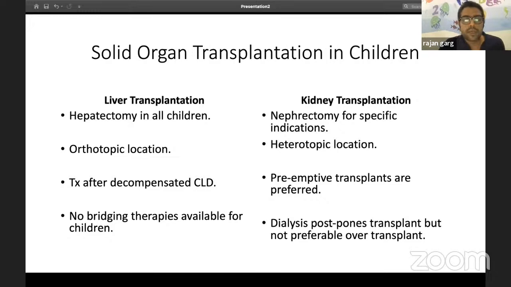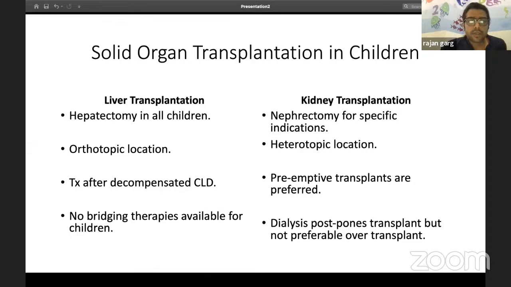In comparison to kidney transplant, now the liver transplant, there are no bridging therapies available, something like dialysis. In adults, there are shunt options available, which can work for about 6 months, or sometimes you can replace it and then it will work for a longer period, maybe 1 year or 1.5 years.